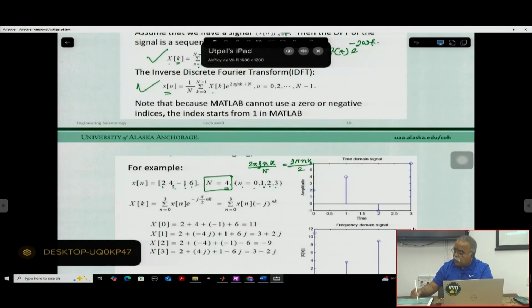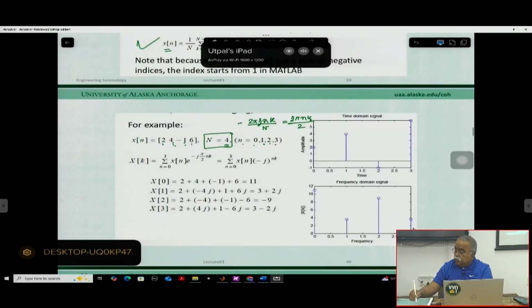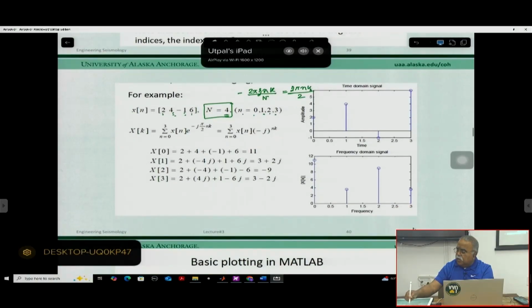That is what we are doing here, e to the power minus this, so that's your minus value, and that will be equal to minus j. These things are basically j to the power nk, right? Because for minus j pi by 2, you can calculate cos pi by 2 and sin pi by 2, so it will be minus j.